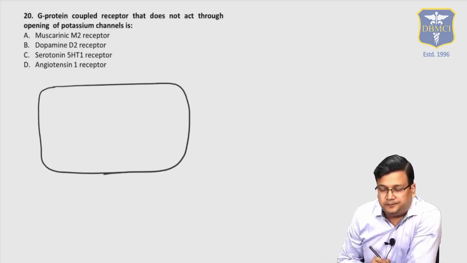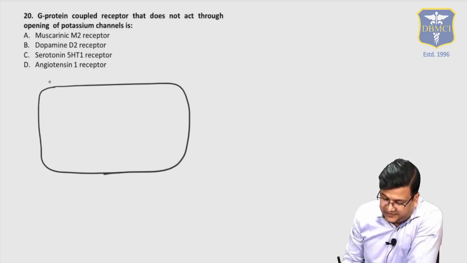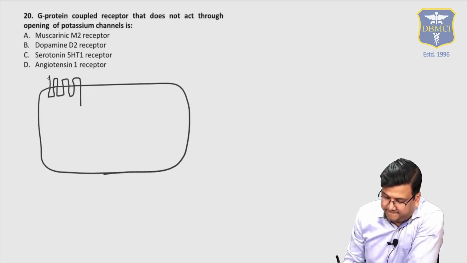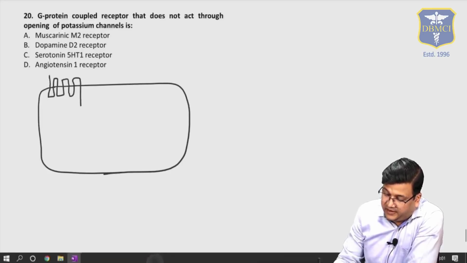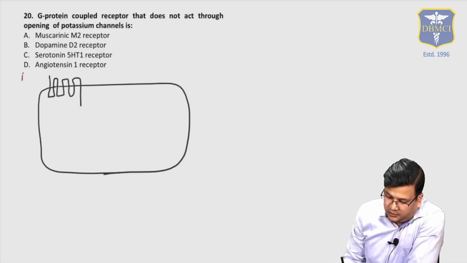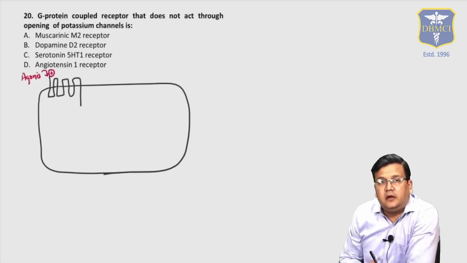This is a cell. On the surface of the cell there is a receptor which is very long, so it is folded 7 times into the membrane. On the outside we have the agonist binding site. Agonist will bind outside the cell.